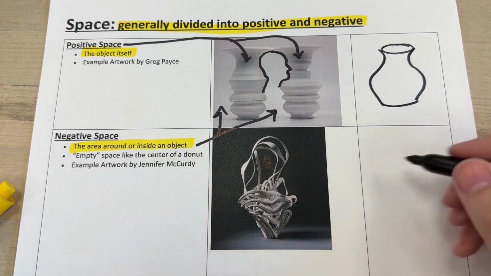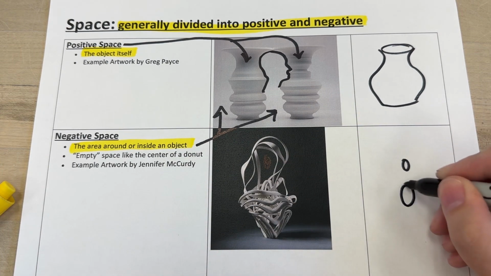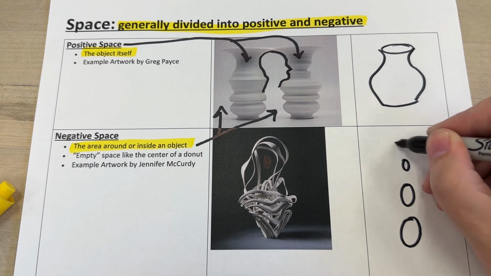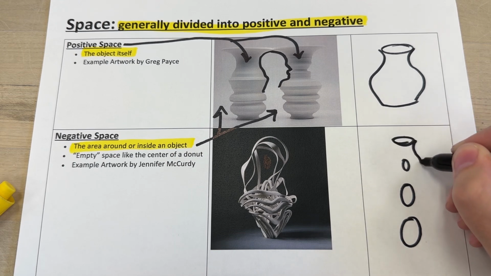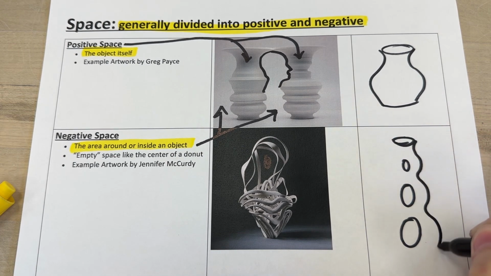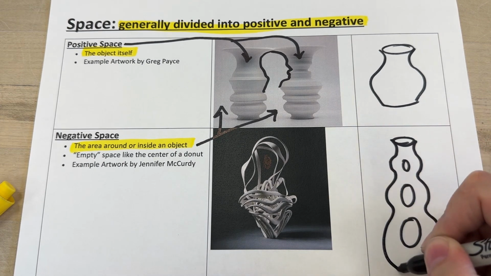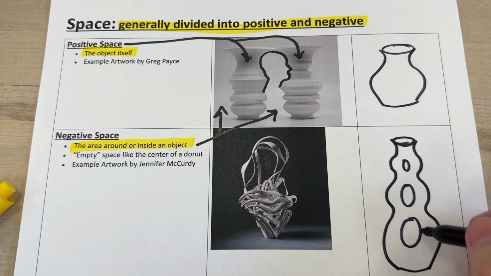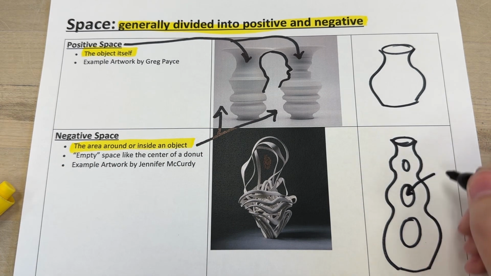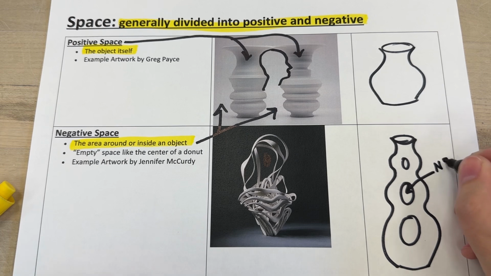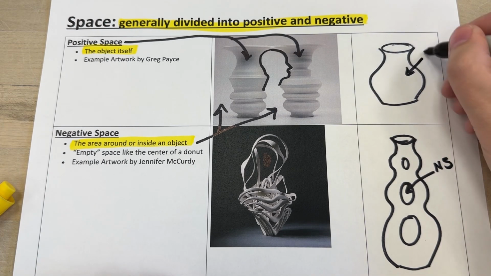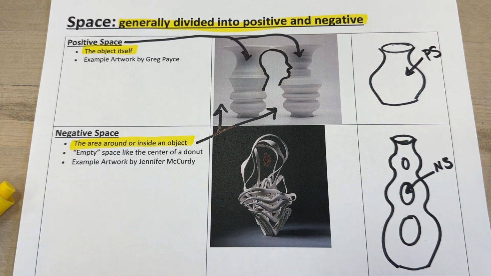If you want to make a vase that has some negative space in it and it's actually going to have holes in it like a donut, right? But I want to have 3 holes. And if these are actually holes, then these are the negative space, right? And this is the positive space. All right, thanks everybody.